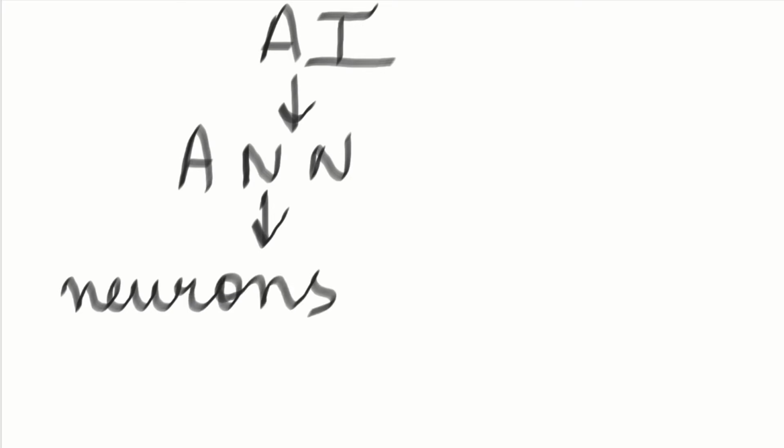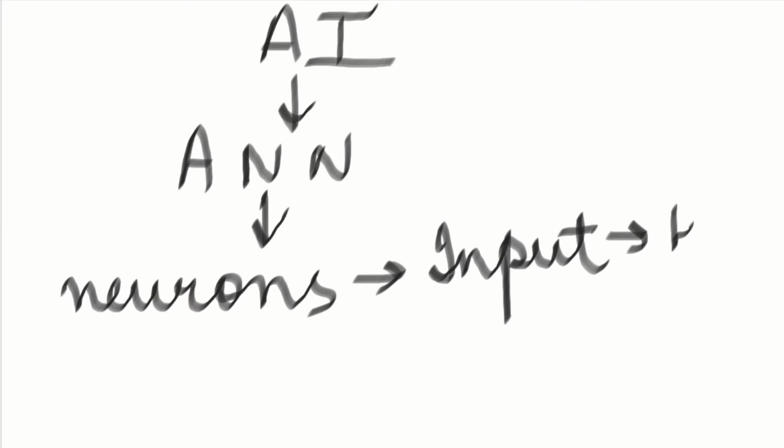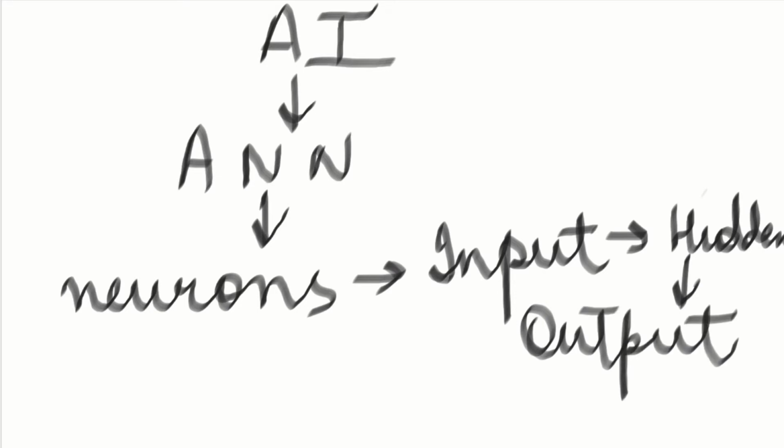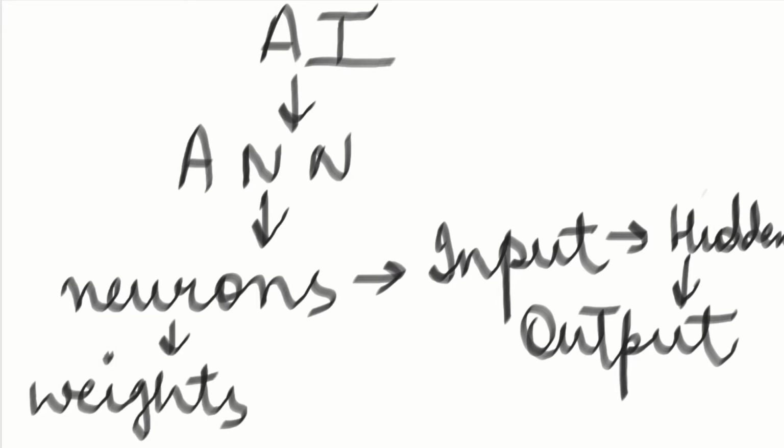So if I draw a branch like AI, ANN develops from AI. In ANN, there are neurons. Neurons present in input. Input goes to hidden and then output. And every neuron has certain weights associated with every layer.